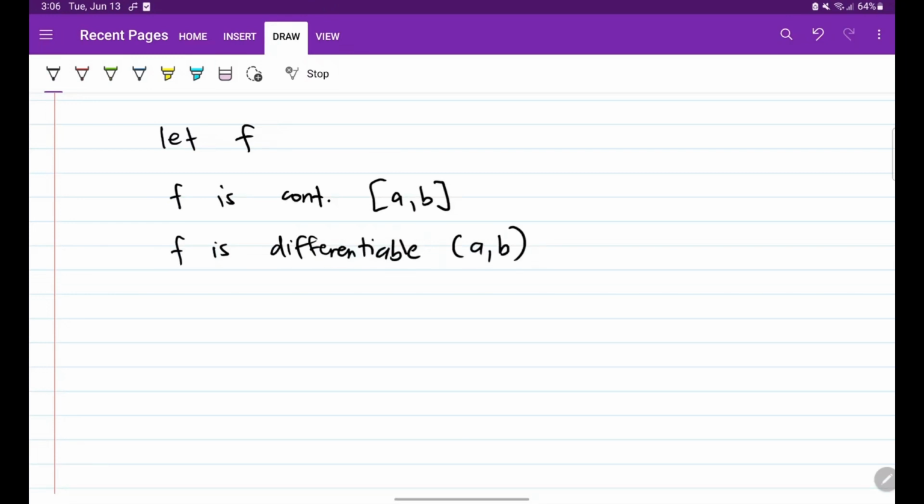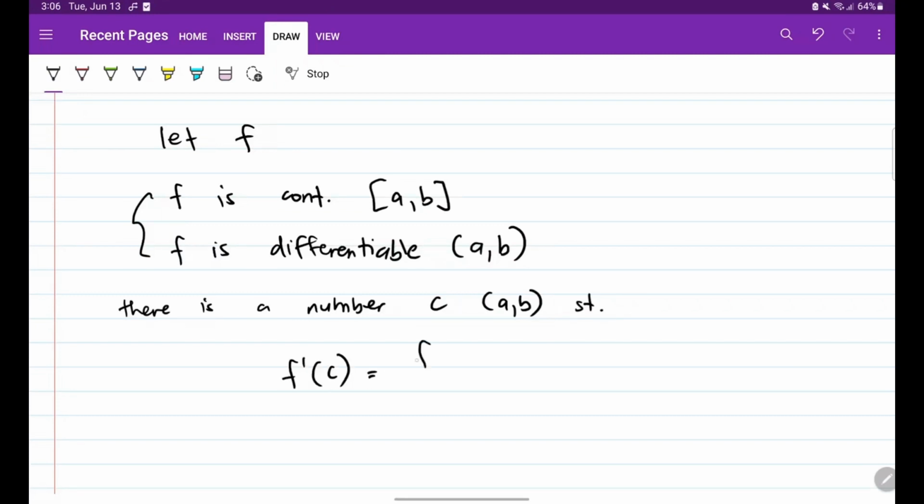So, pag nasatisfy itong dalawang condition na to, then we can say that there is a number C, okay, between A and B such that the derivative of f evaluated at C is equal to f(b) minus f(a) over b minus a.